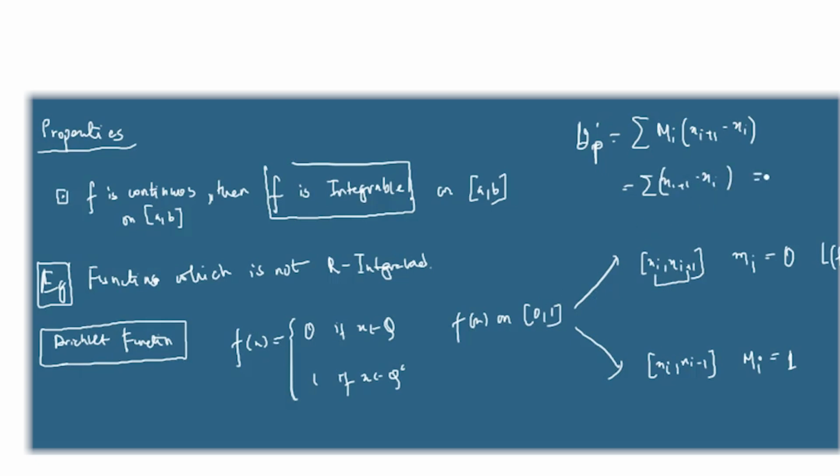So what will you get? If you just do it, you will just get x_n minus x_0, which is 1 minus 0, which is 1, because the limits are 0 and 1.